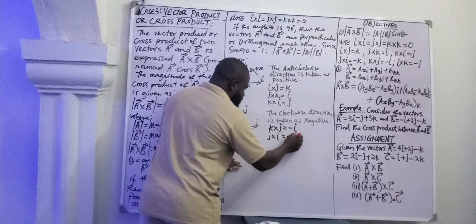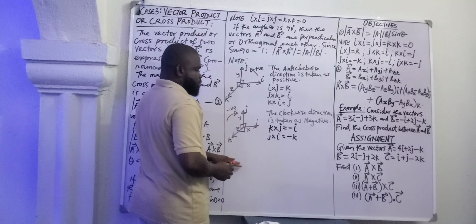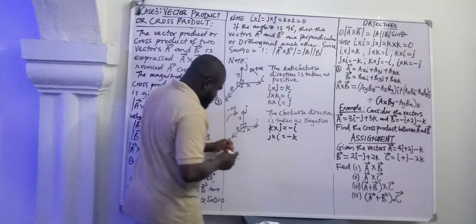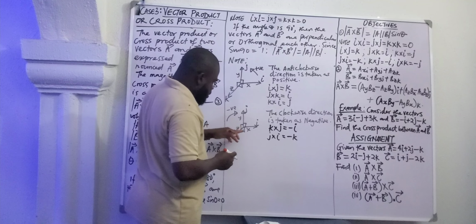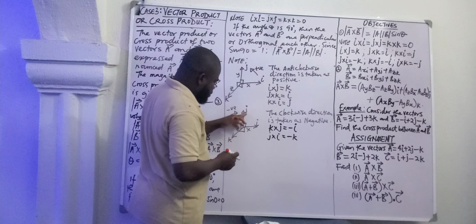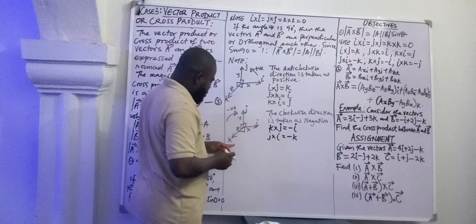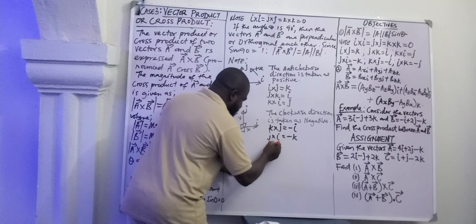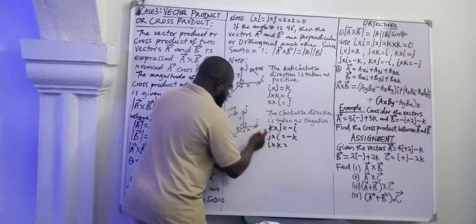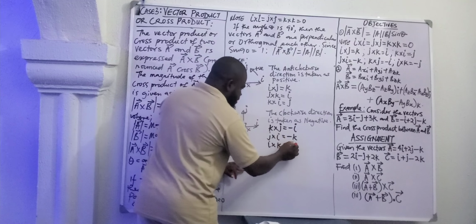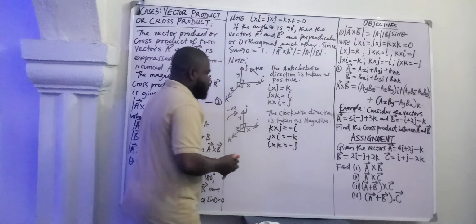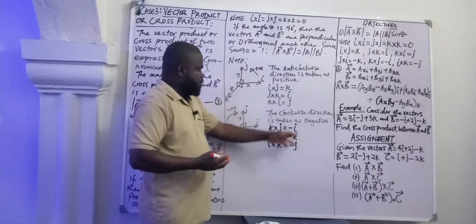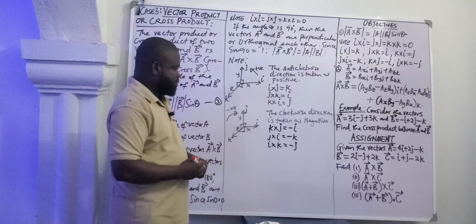Minus K. If I do, lastly, I cross K, I cross K will give me what? Minus J. Now, if you look at these two, you will observe something.